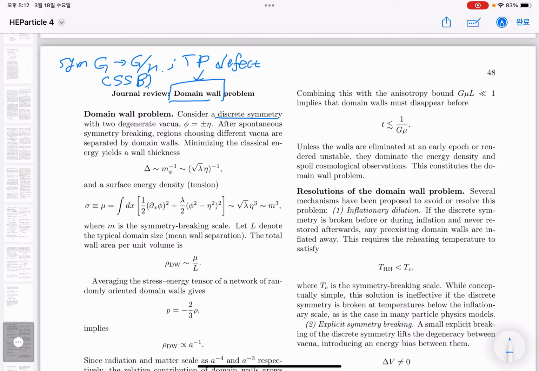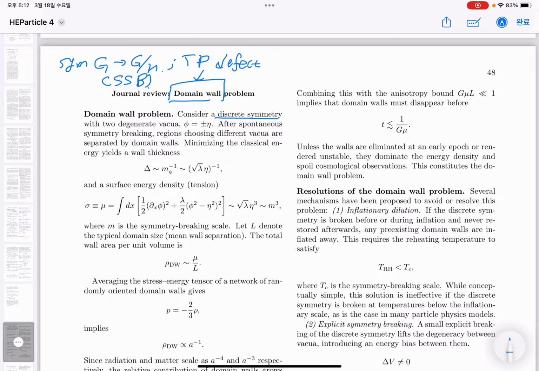But today I don't want to talk about the details from a topological point of view, but instead I will focus on how the domain wall can affect cosmology.